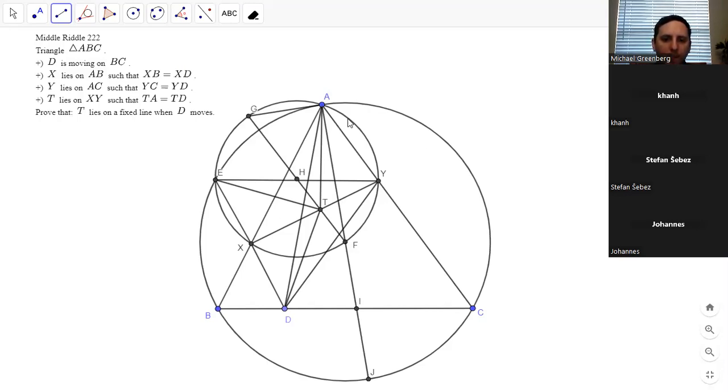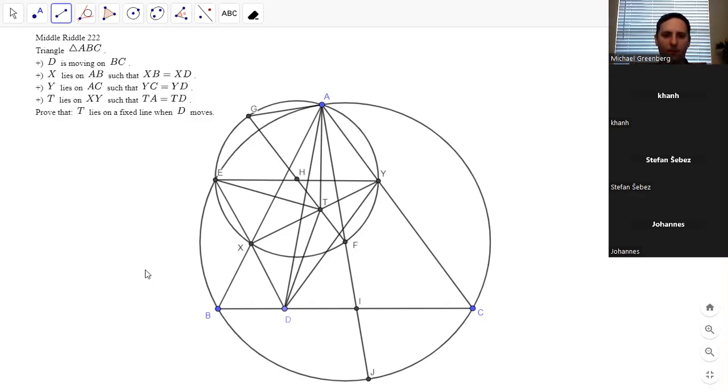So FT over FG is also constant, since it will always be equal to JI over JA, by the similar figures. Oh, yeah, I see what you're saying. And G lies on a fixed line, which is the tangent from A. So you could just take a homothety at F to see that T lies on a fixed line.